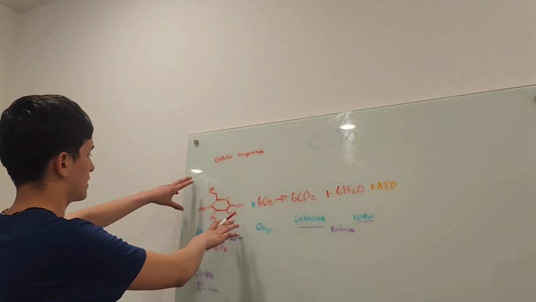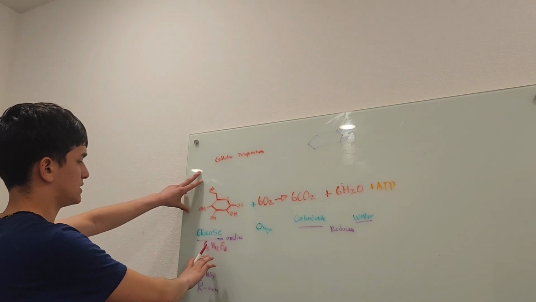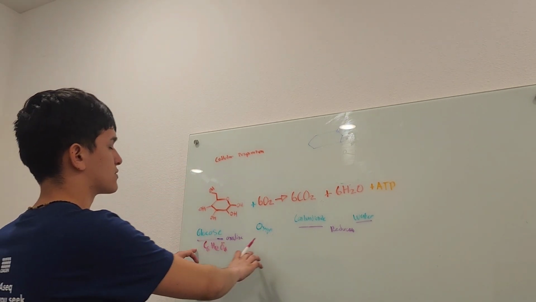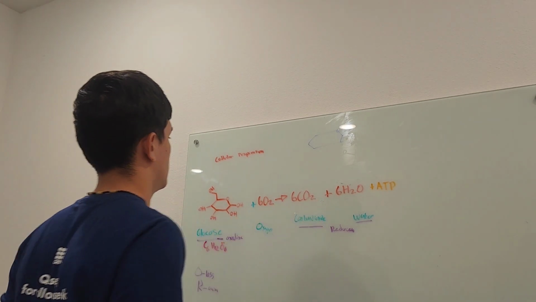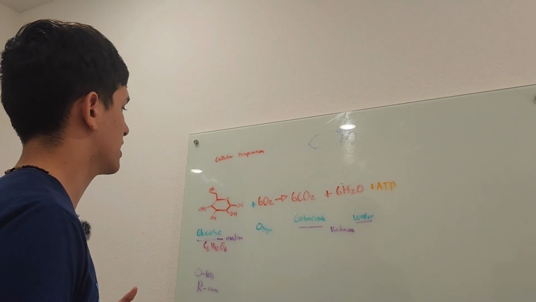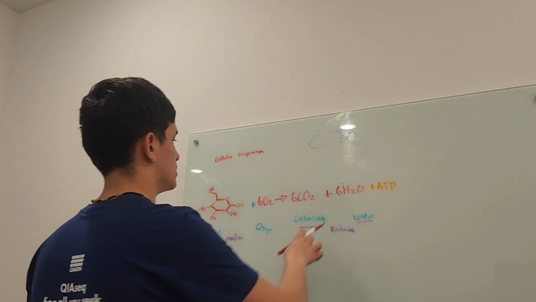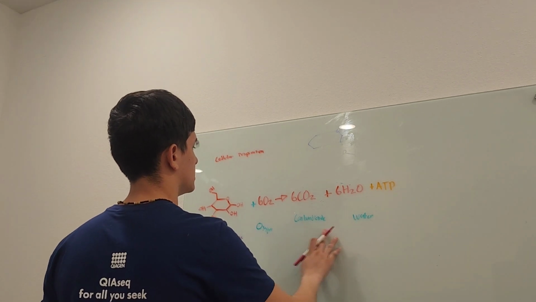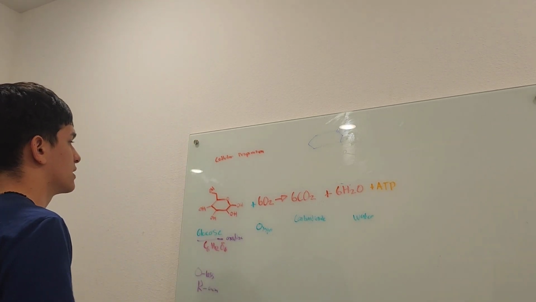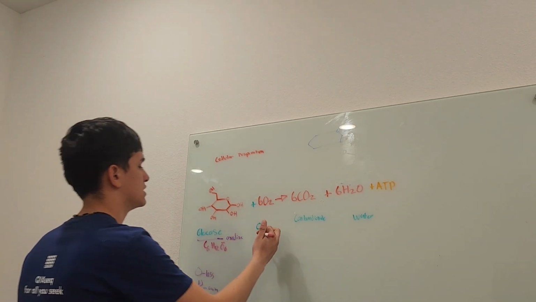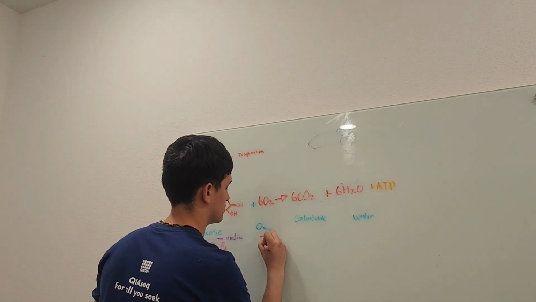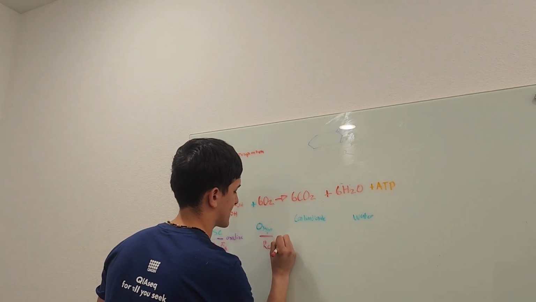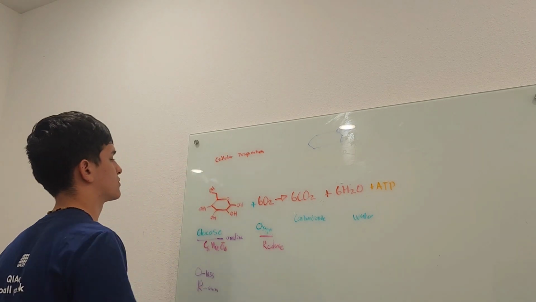So if we think about it, glucose is being transformed into carbon dioxide, and it's losing its hydrogens, right? So oxygen is being reduced, right?